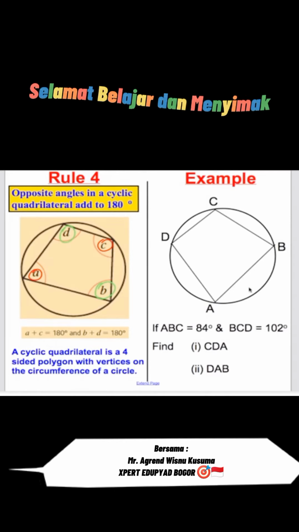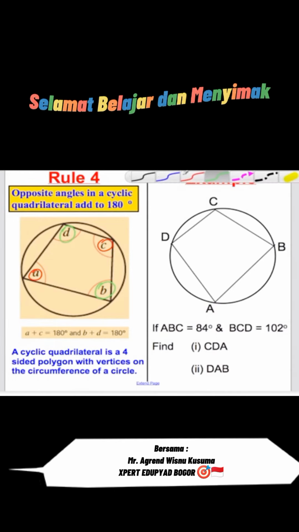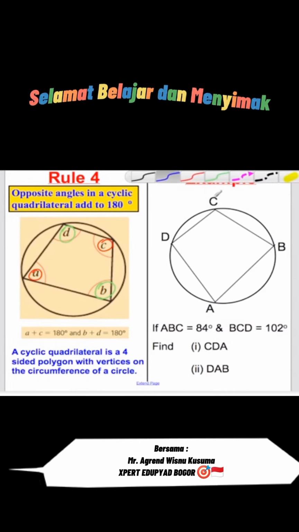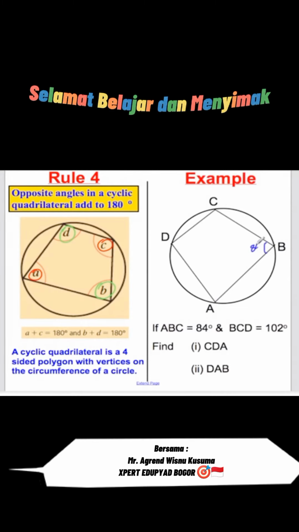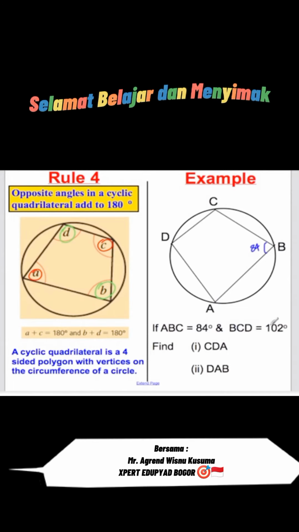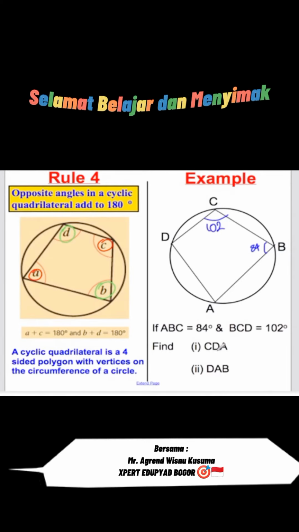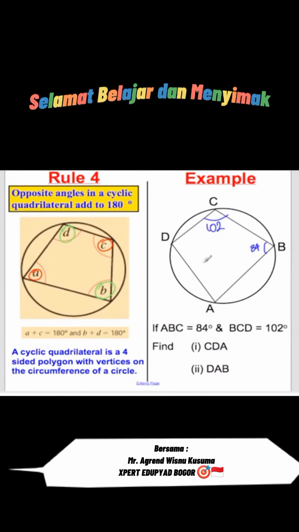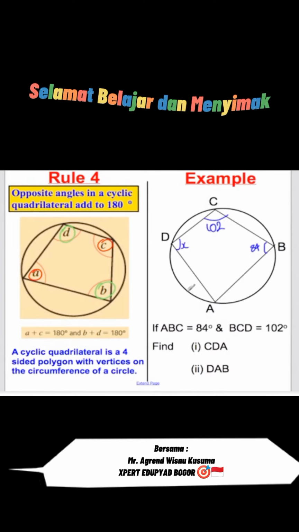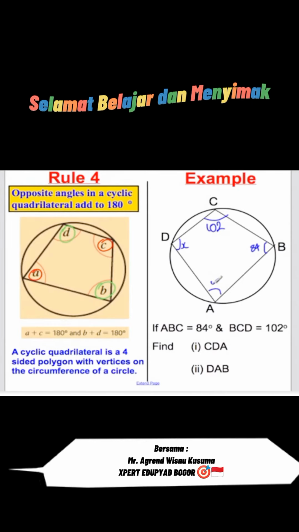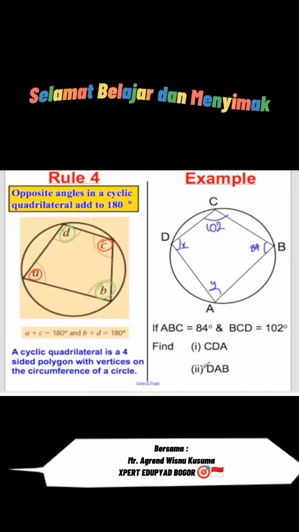Okay, so let's try and use this example here. It tells us that A to B to C is 84, and B to C to D is 102, and it asks us CDA, I'm going to call that X, and it asks us DAB, I'm going to call that Y. How would I work those out?